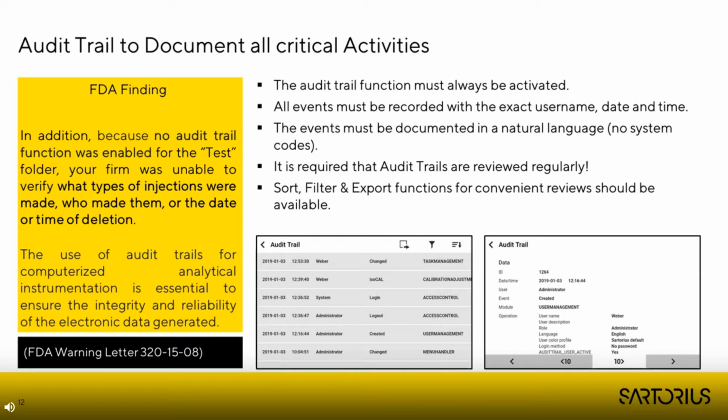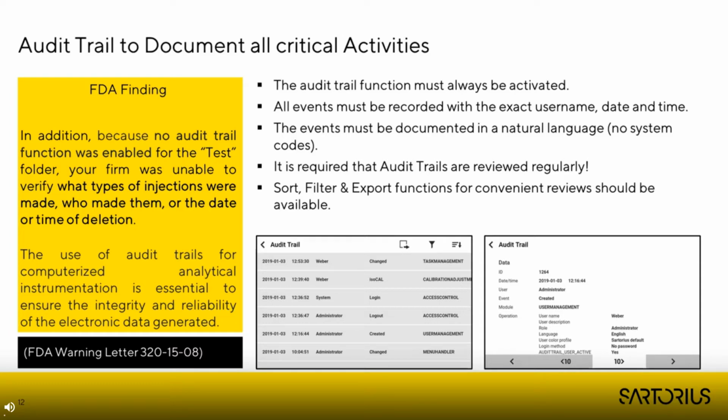Therefore, you should always buy a laboratory instrument that has an audit trail, and in the best case, it should not be possible to switch off the audit trail to prevent the problem. However, it is also important that the audit trail is regularly checked for violations and also to ensure that the instrument is still in a validated state.